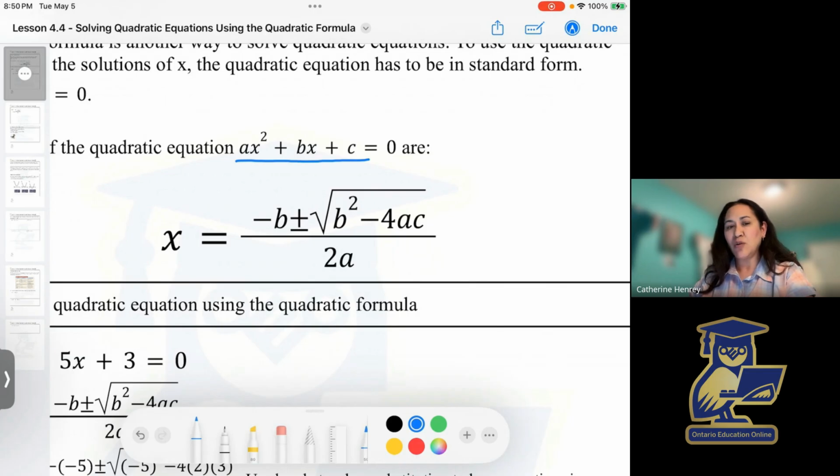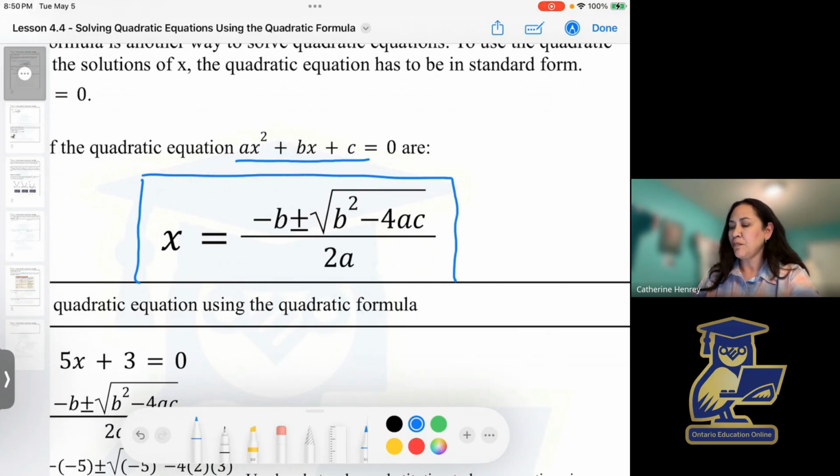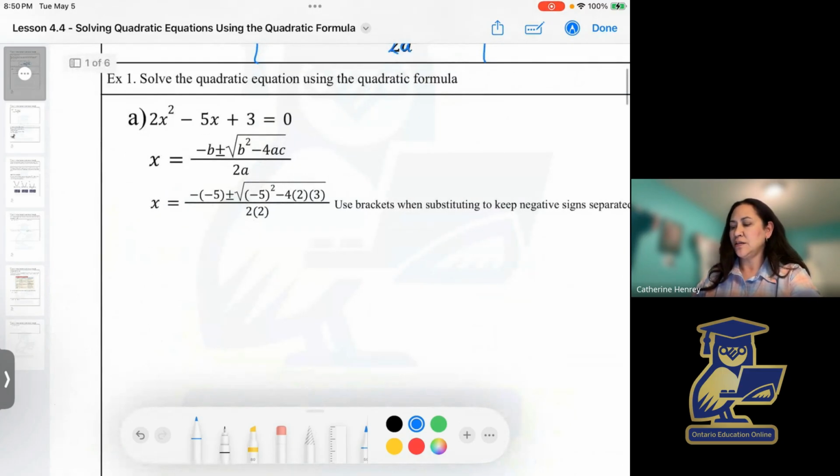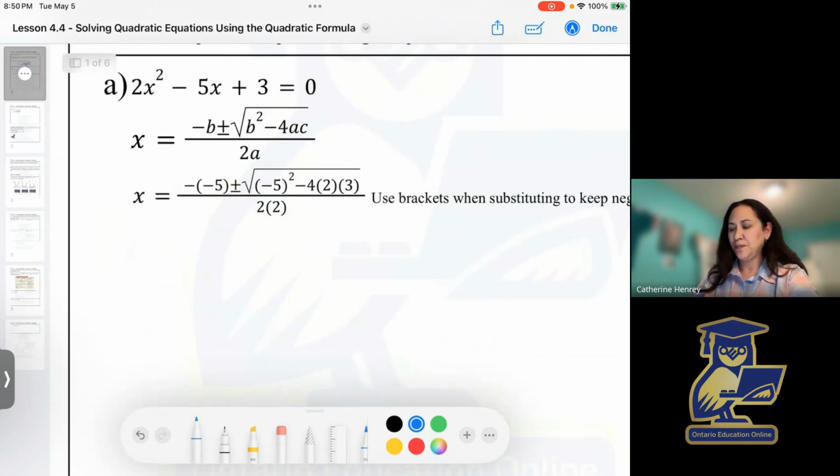Once you have your quadratic equation in standard form, then we take a look at the formula itself: x is equal to negative b plus or minus the square root of b squared minus 4 times a times c, all of that divided by 2 times a. So let's just take a look at how we substitute.